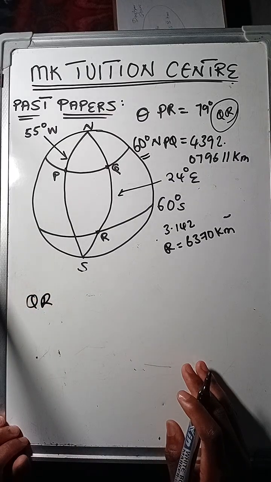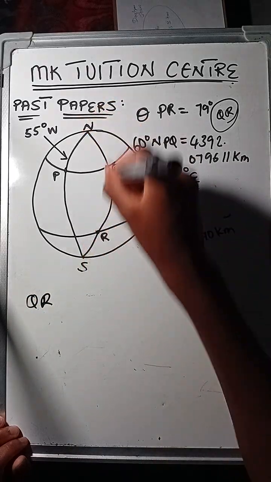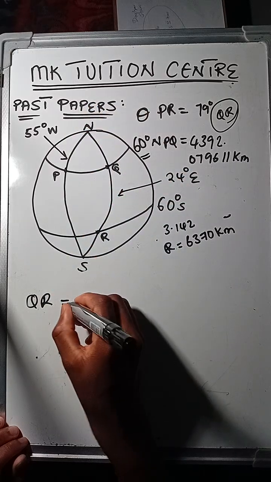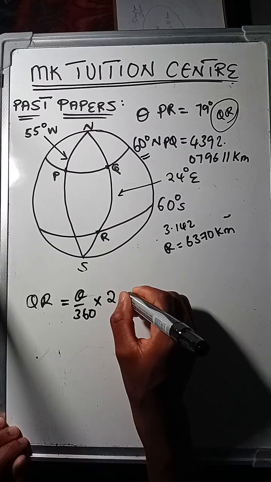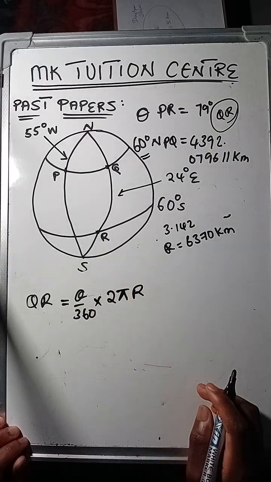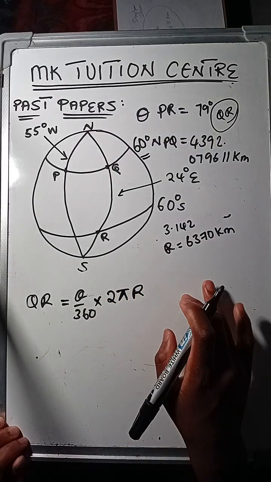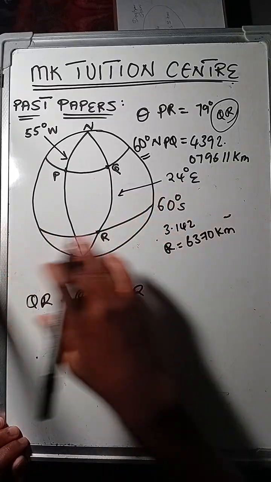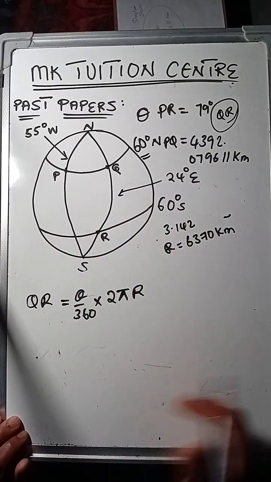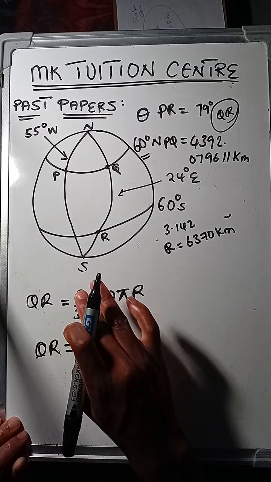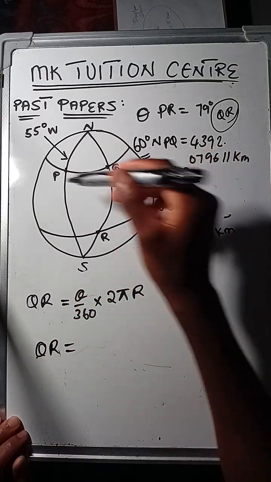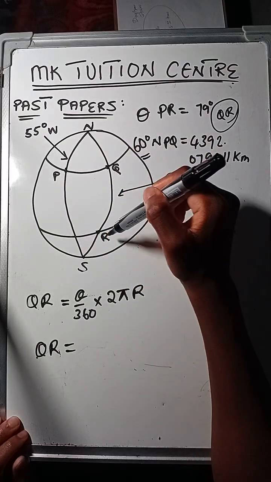QR is on a longitude, therefore its distance will be theta over 360 times 2 pi r. There is no need to put cos x because it is not on a latitude. Now here, theta: Q is here and R is here.